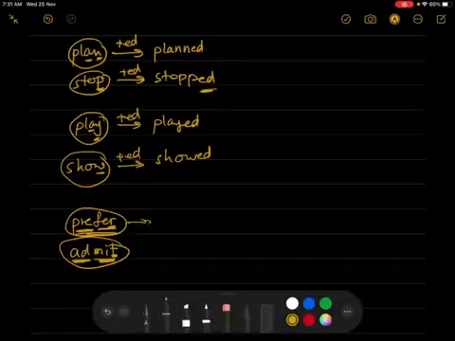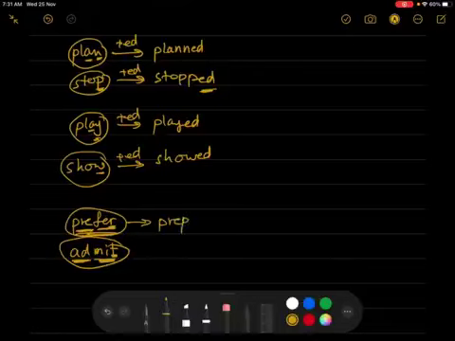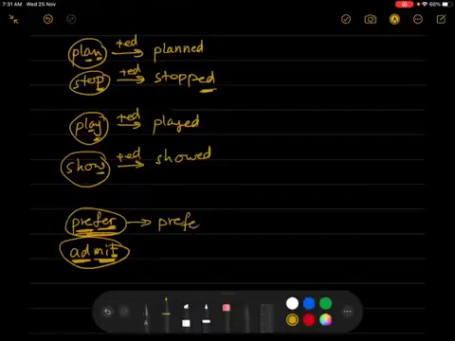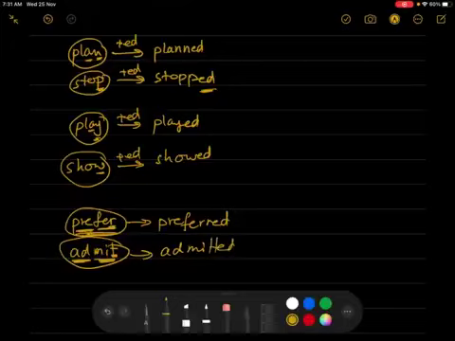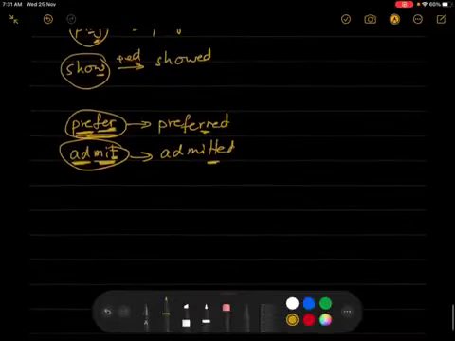In this case, we double the final consonant. We say preferred, double R, and admitted, double T. Okay, that's great.